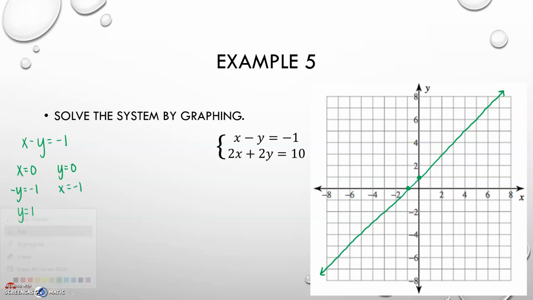All right. For our next one, we've got 2x plus 2y equals 10. So when x equals 0, 2y equals 10, and when y equals 0, 2x equals 10, and both y and x are going to equal 5.